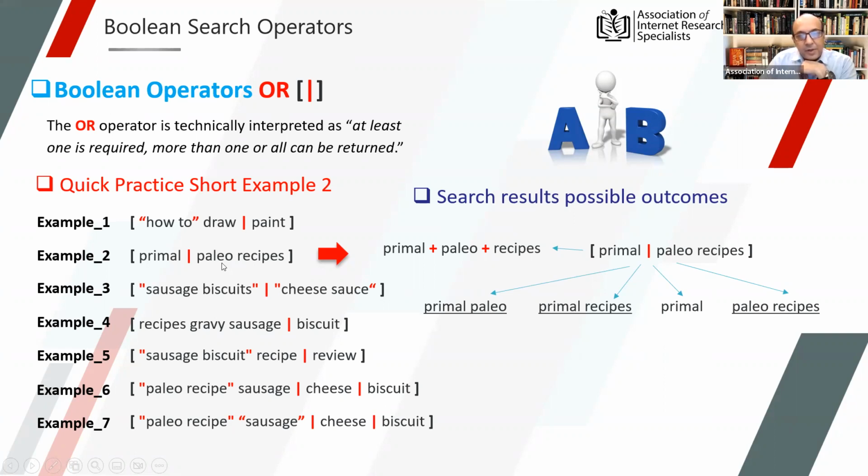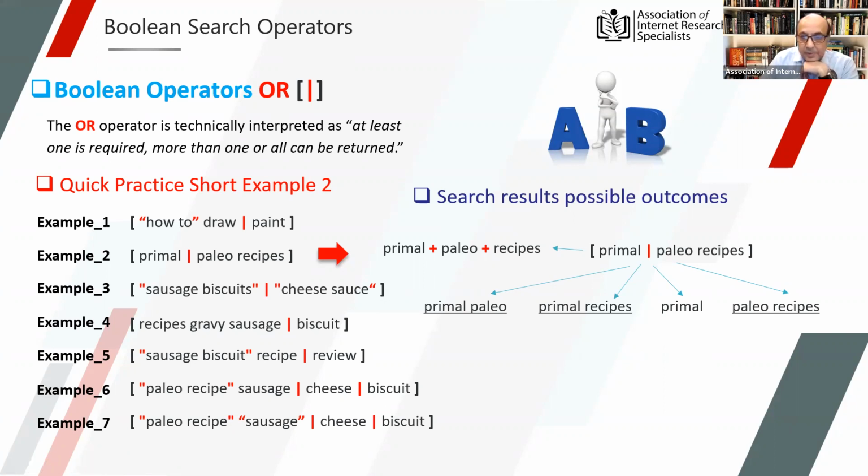So effectively, when you don't put terms within quotation marks, it can actually broaden the search. At the same time, it can have a very erratic behavior. I would rather have put paleo recipes within quotations and left primal outside of the quotes.